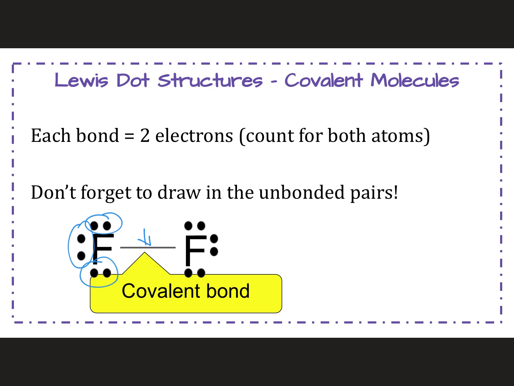Each bond represents two electrons, so you count that for both atoms. And then you need to make sure that you include our unbonded pairs as well.